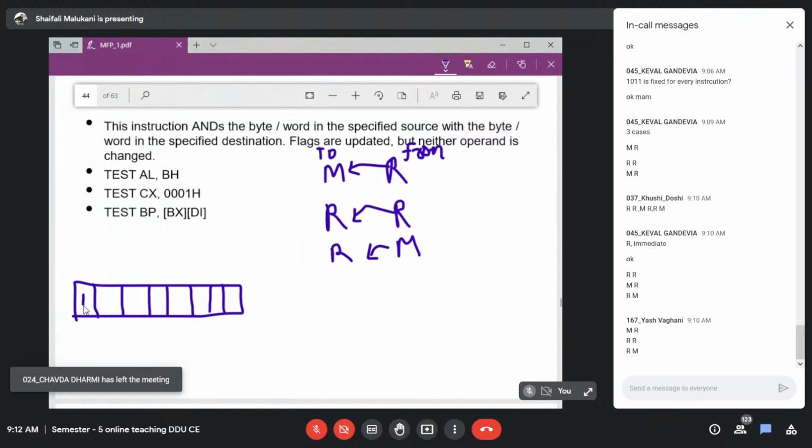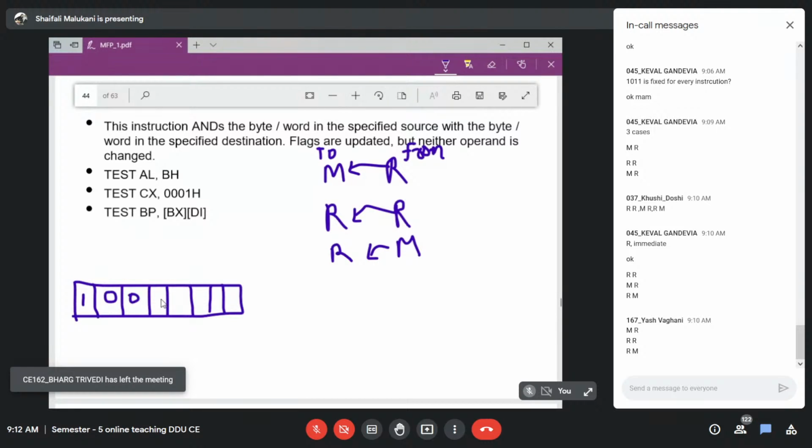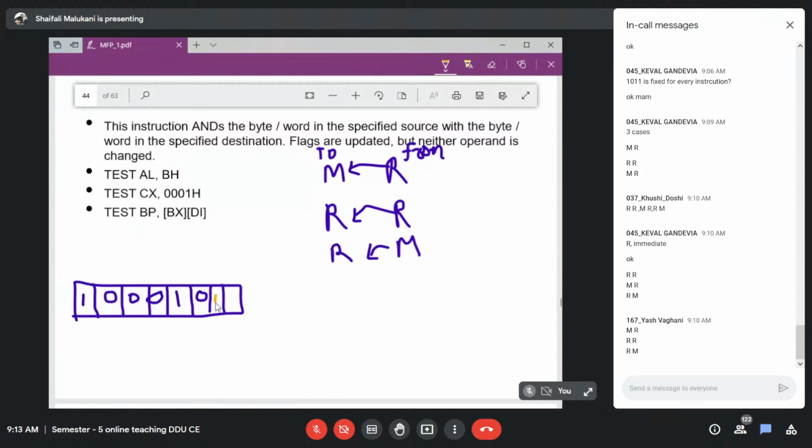Here the first 6 bits are fixed, so it is 100010. This is how the first bits are fixed. Then the next bit is here. This is bit D. I will highlight it with a different color. This is bit D and this is bit W.